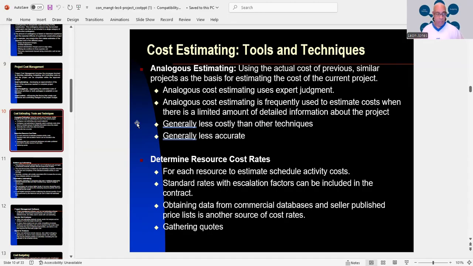You don't get the same book every year. In fact, I have one from 2011. It's RS Means. That's what it is. I almost had to put it in AI to help me out, and it just came right out. It's RS Means.